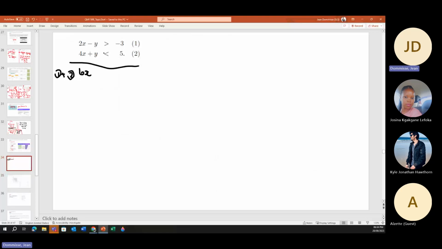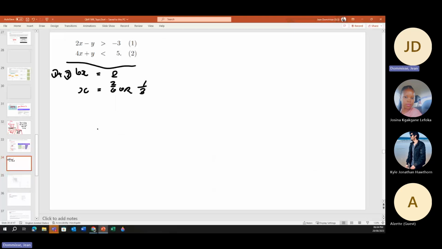Okay, so this you can actually ignore and just say equal to, because you're solving for x and y. Minus 3 plus 5 is 2. So x then is 2 divided by 6, or 1 over 3. So then y, we would replace x.